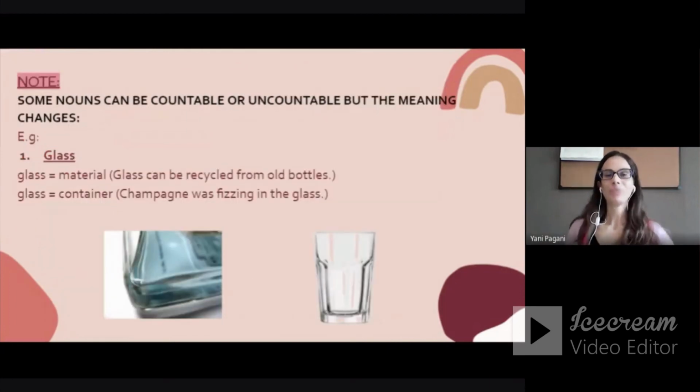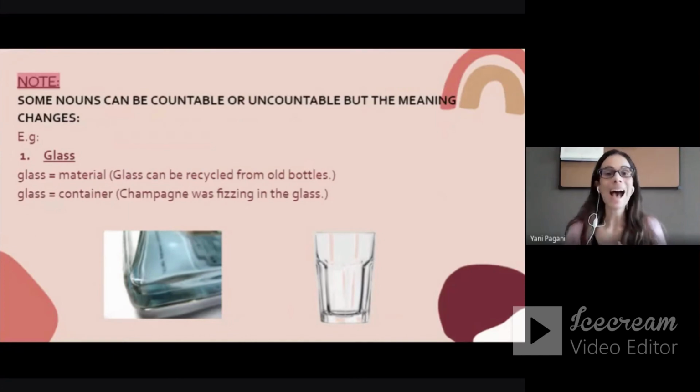Okay. Now, to finish, I added some extra information for you to know. Sometimes nouns can be countable or uncountable depending on the situation. Here I will give you some examples. The first word is glass.